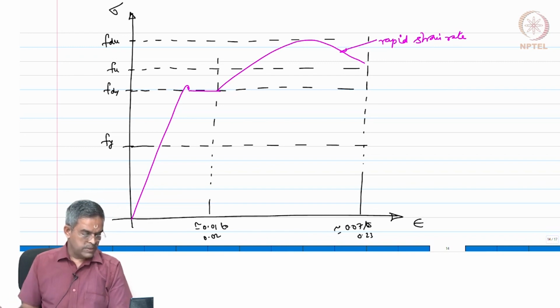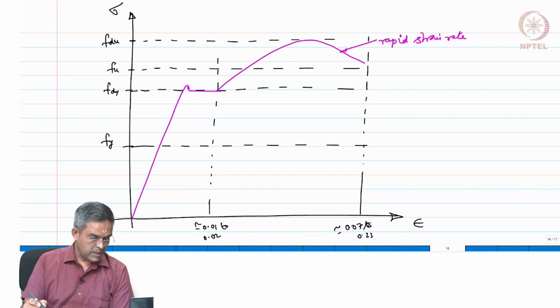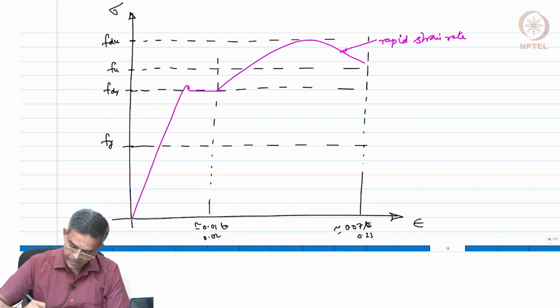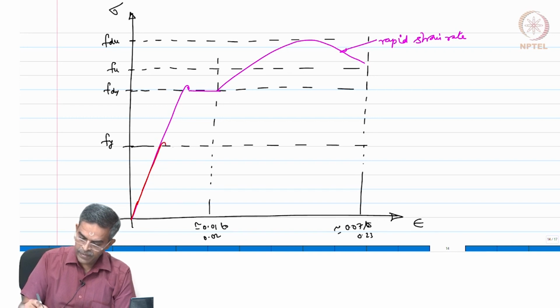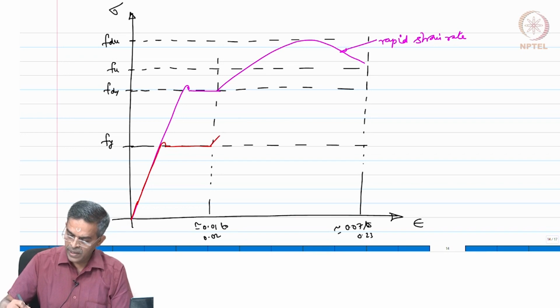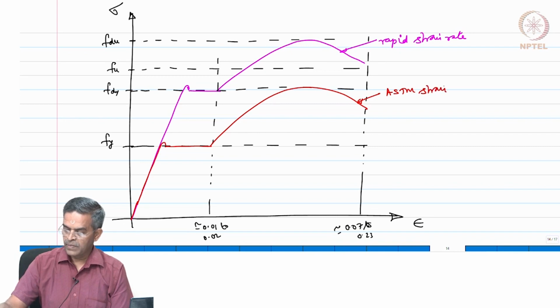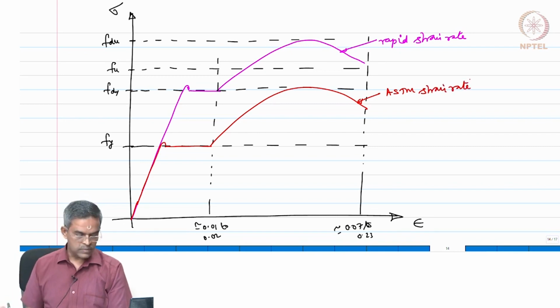When you draw this for ASTM strain rate, it stops at Fy, slope is same, develops a yield plateau and goes till Fdy and comes. This is for ASTM strain rate. Okay.